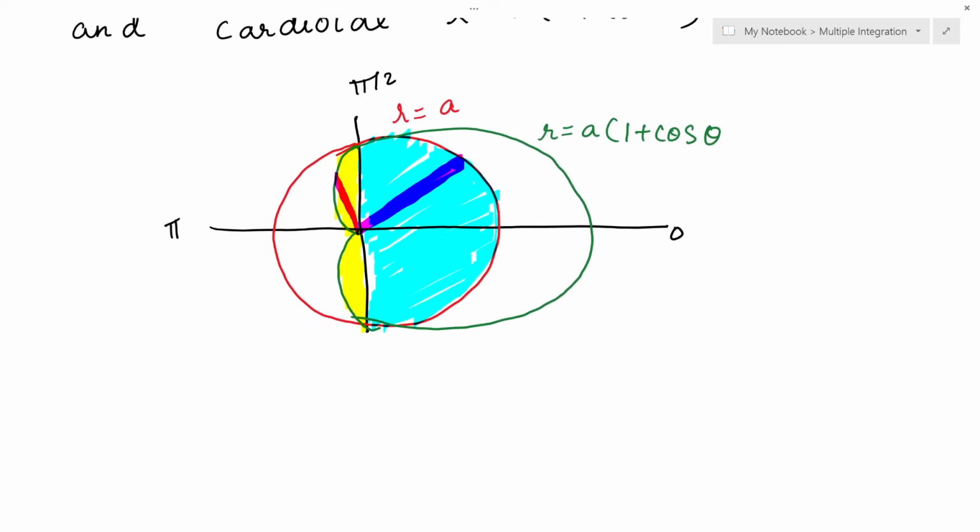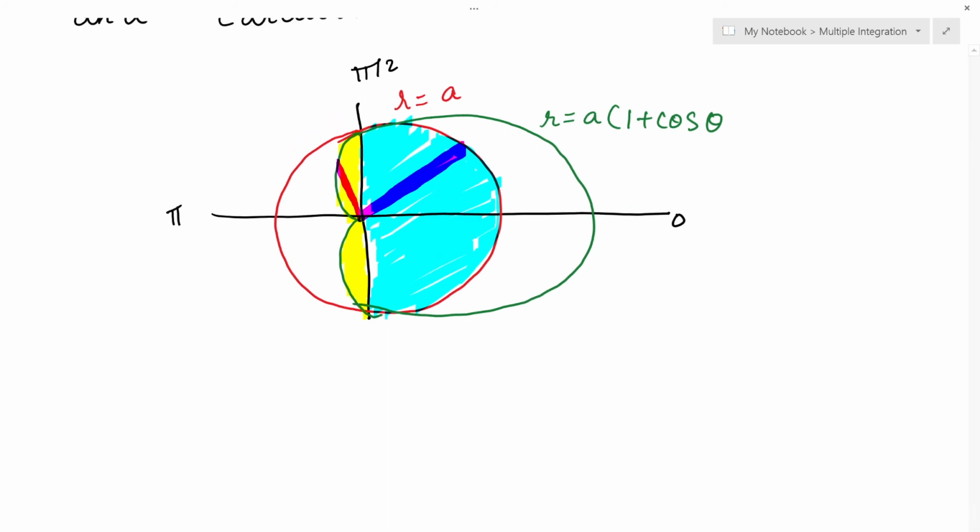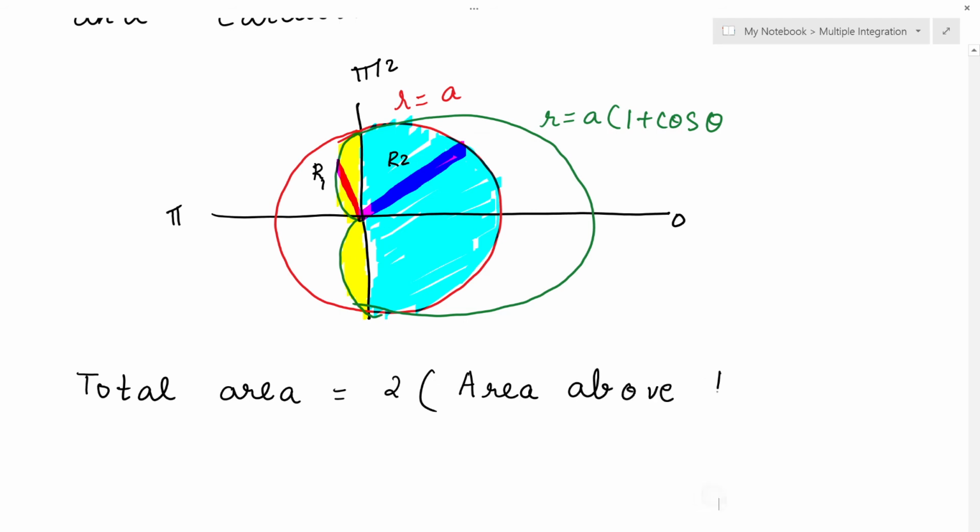Now look at the first part, the sub-region. I'll name the sub-region here as region 1. This is my region 1 and this is my region 2. I'm multiplying by 2 because you know it is symmetric. So we can write that the total area is nothing but 2 into the area above the x-axis, or the initial line.